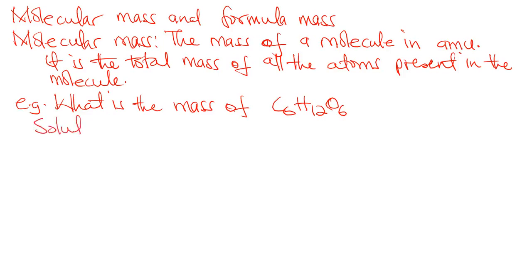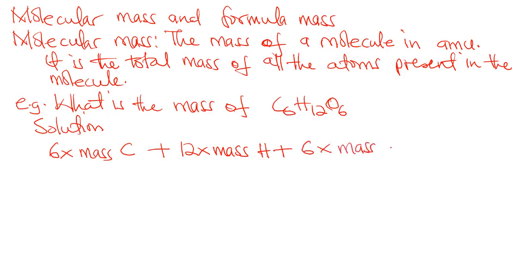So our solution, because we have 6 carbon here, so we are going to have 6 times mass of carbon, plus we have 12 hydrogen there, 12 times mass of hydrogen. Then we have 6 oxygens there, 6 times mass of oxygen.